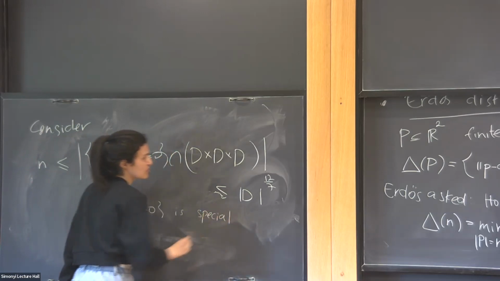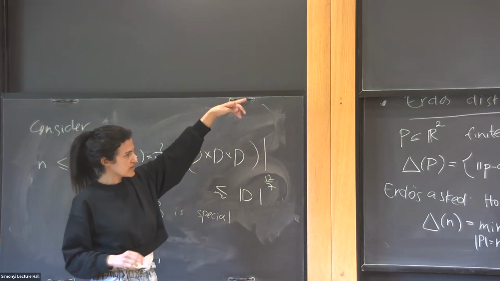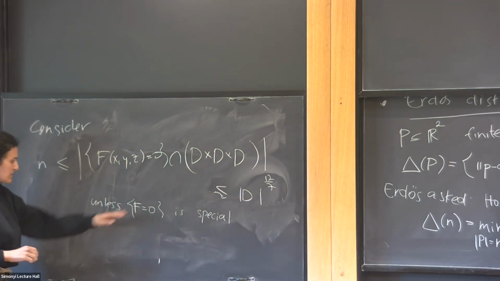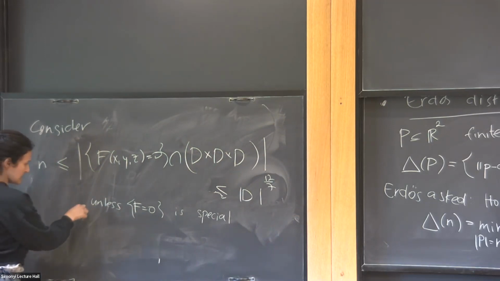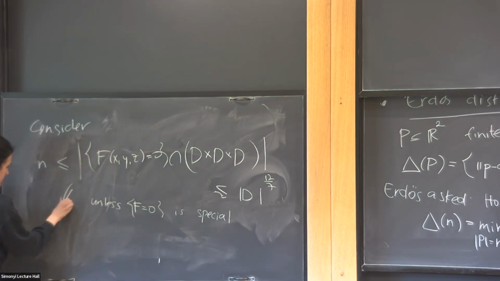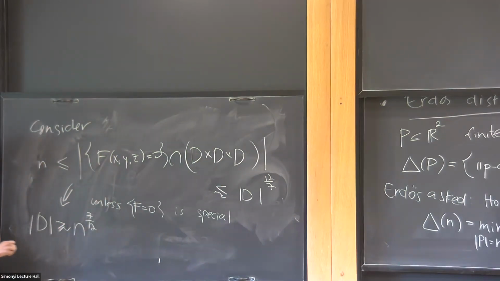In Elekes and Rónyai, we had two alternatives. So this is what happens if the first alternative holds, and there is still the other alternative. So if it's not this, we have this inequality, which gives us that the size of D is at least some constant times n to the 7/12. Okay.